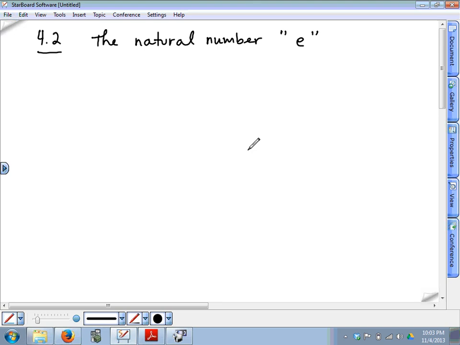Now E is just a symbol that represents an irrational number, much like pi. Pi is 3.1415. The letter E is just a letter that represents an irrational number. And we're going to see here in a second where that irrational number comes from. It's not just some number somebody made up. Like pi, 3.14 is not just some randomly generated number.